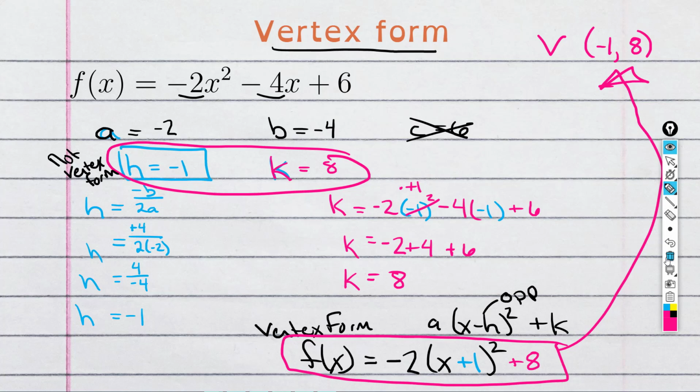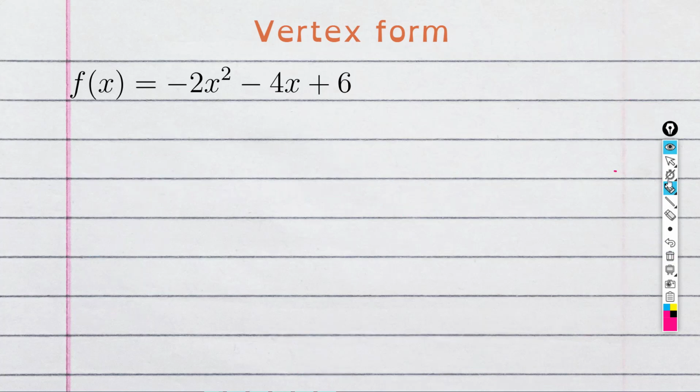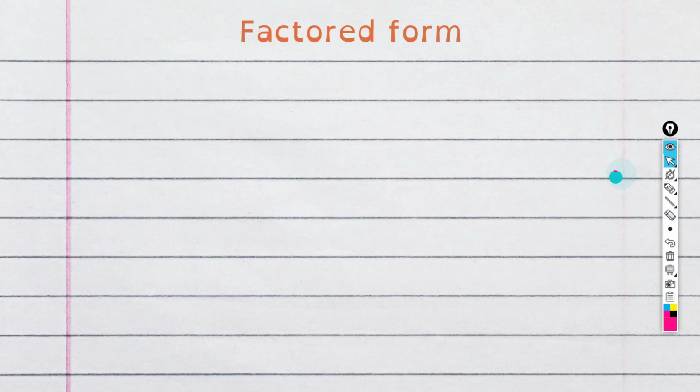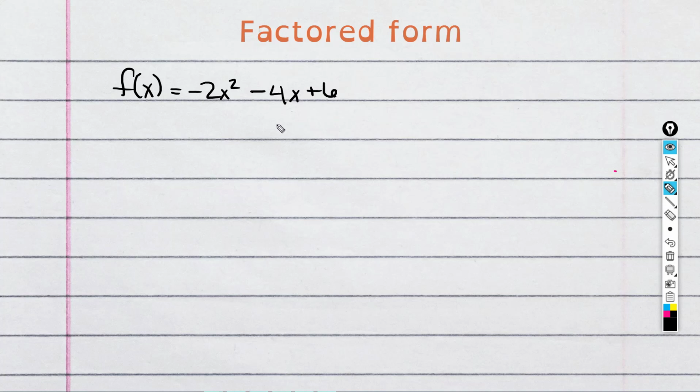Now let's look at the next one. We want to look at factored form. So again, you're going to go back to your original equation. So for us, that was f of x equals -2x squared, let me look and see if it was plus or minus 4x, plus 6.